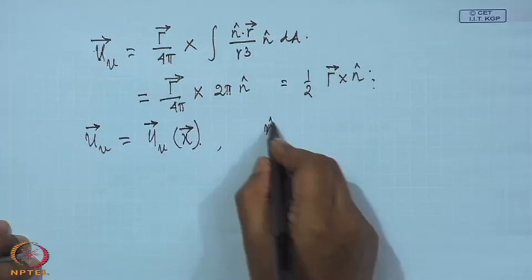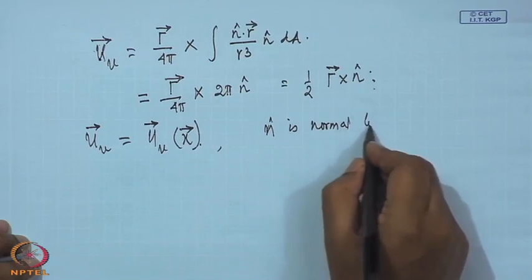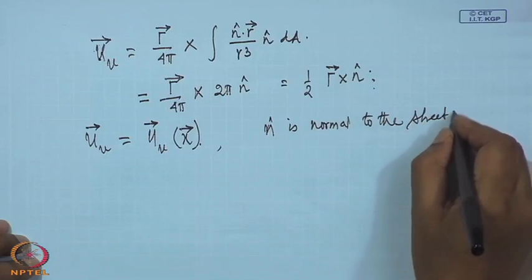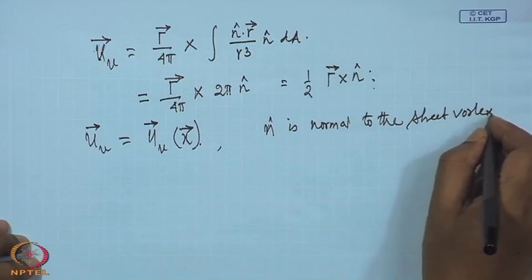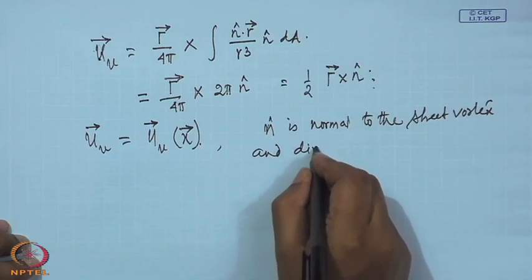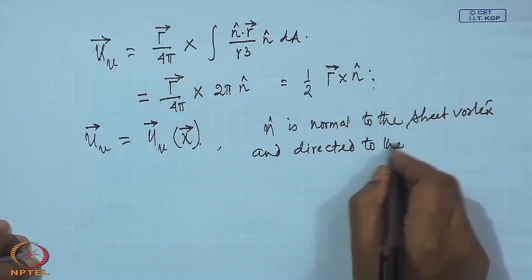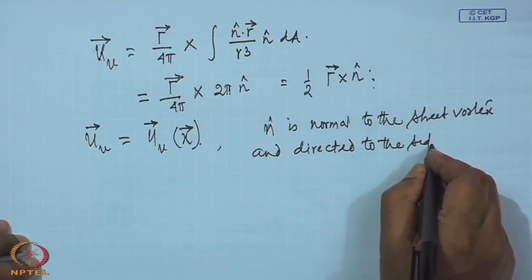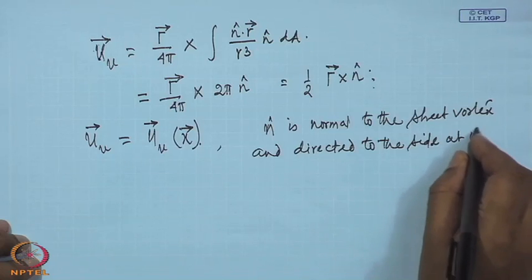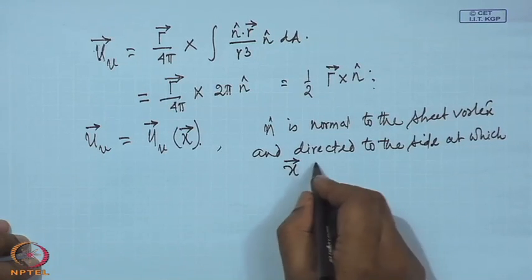So, n is normal to the sheet vortex, and directed to the side at which x is.